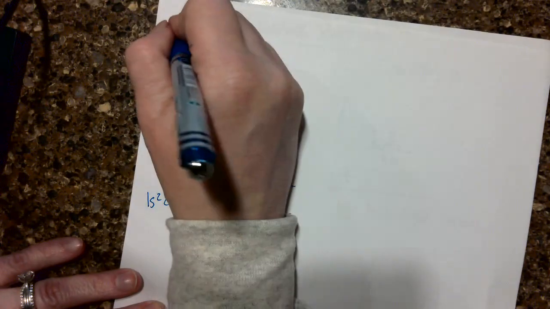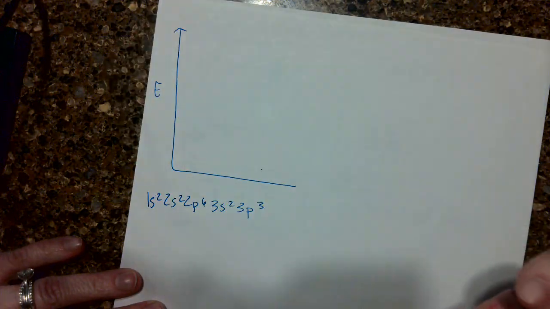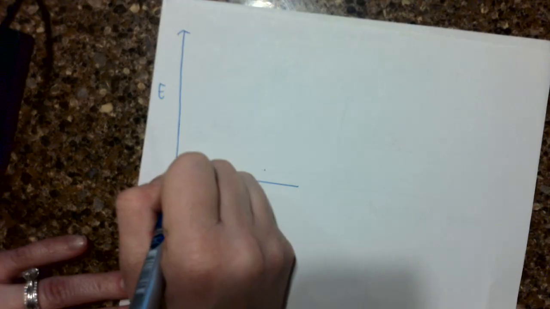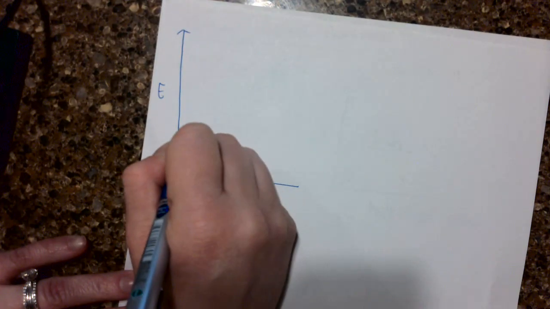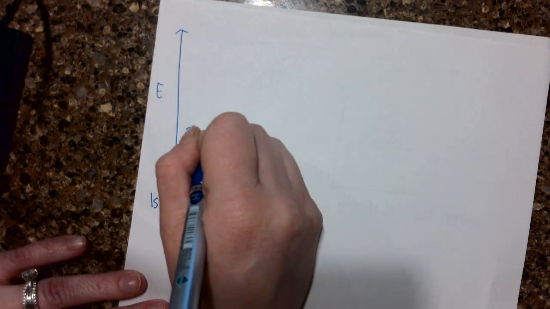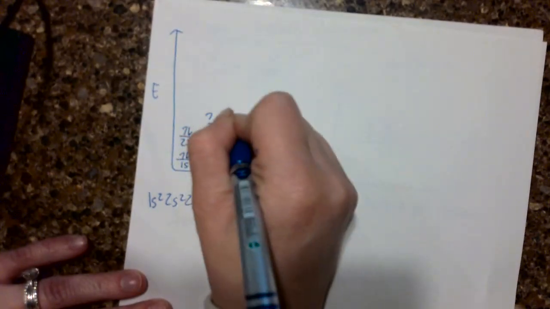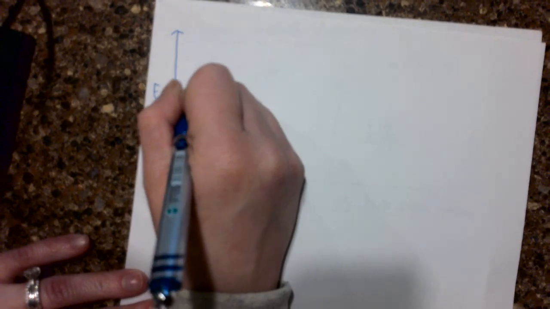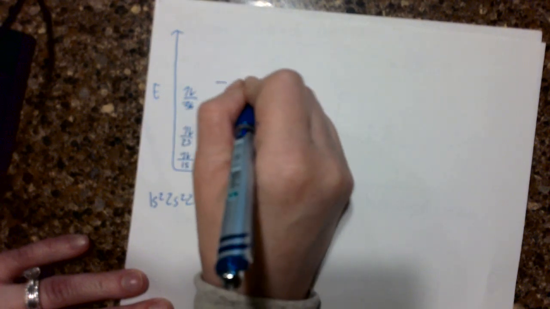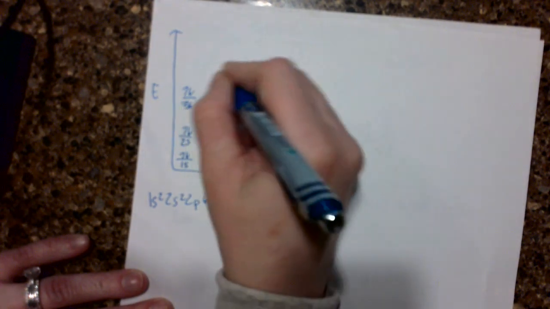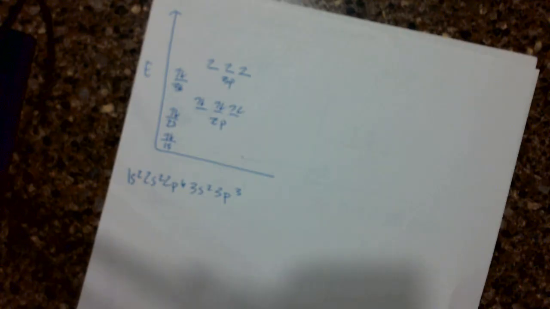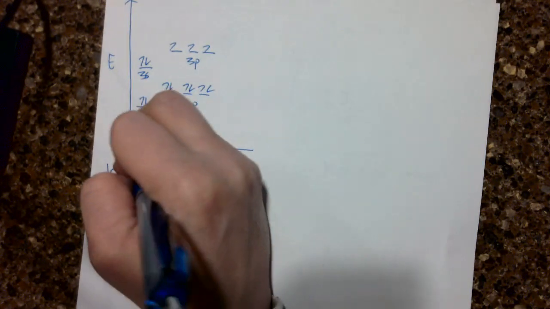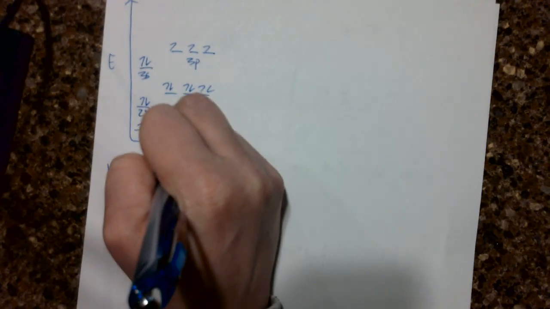You can get it from using the Christmas tree. 1s2, 2s2, 2p6, 3s2, 3p3. Okay, so let's say this is atomic phosphorus or ground state phosphorus.